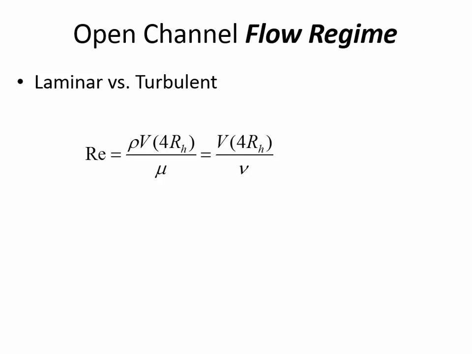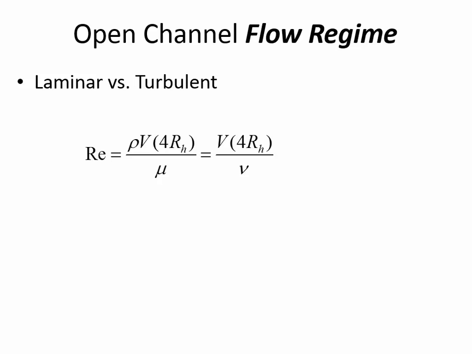One of your homework problems asks a question about classifying the flow regime. What they're asking in that question is partly, is the flow laminar or turbulent? And you already know how to do that. You also already know how to handle a non-circular conduit, because we talked about that for closed conduit flow.